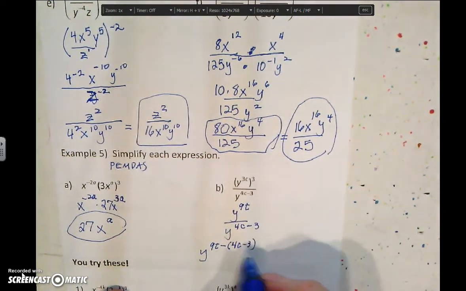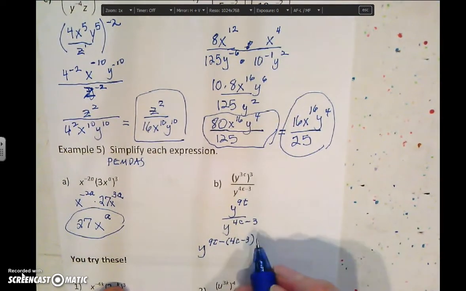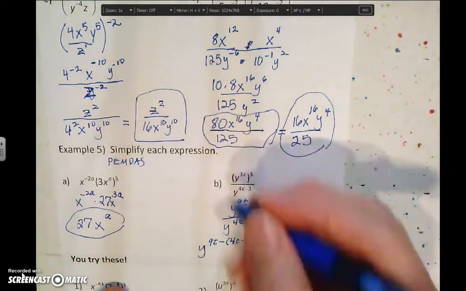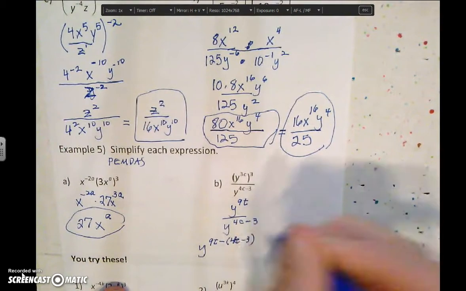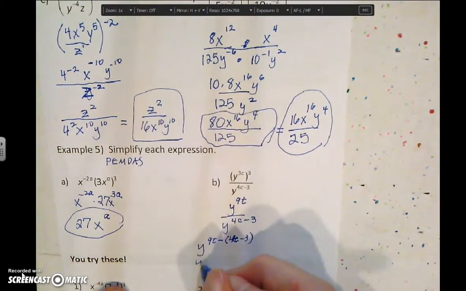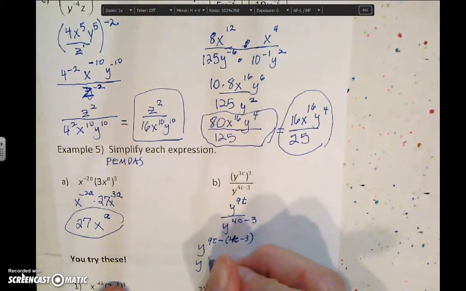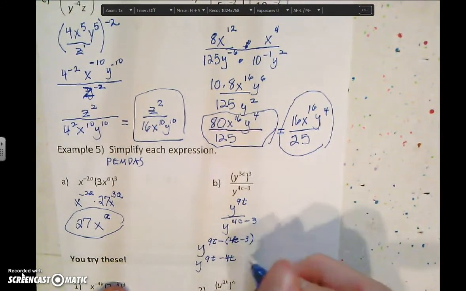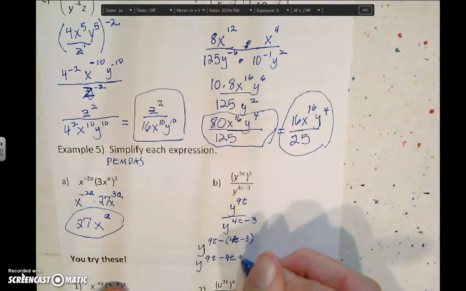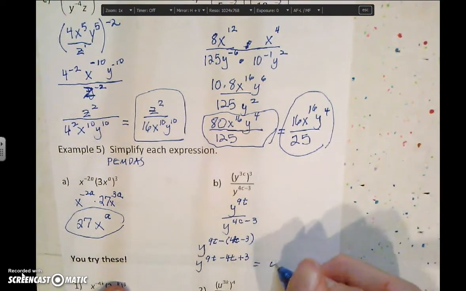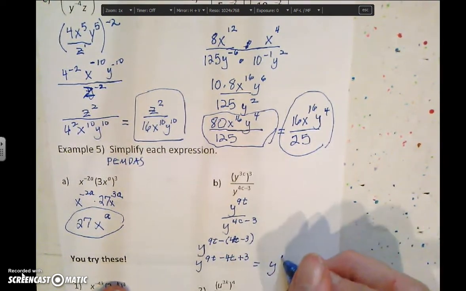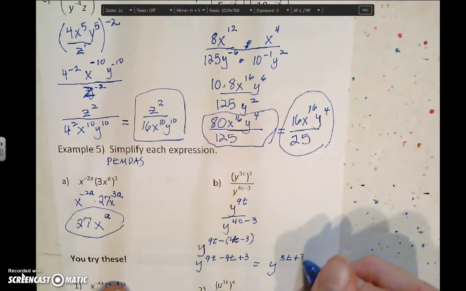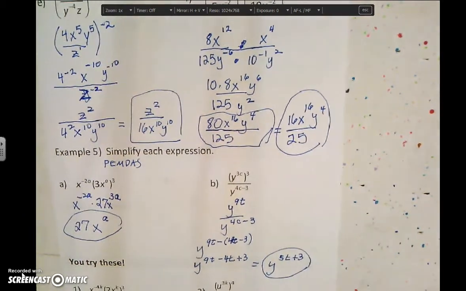Remember, I'm subtracting the whole thing, so I'm going to have to distribute it. That was a t, wasn't it? And then that's going to give me y to the 9t minus 4t, distribute minus a minus, gives me plus 3. So this ends up being y to the 5t plus 3 for my final answer.